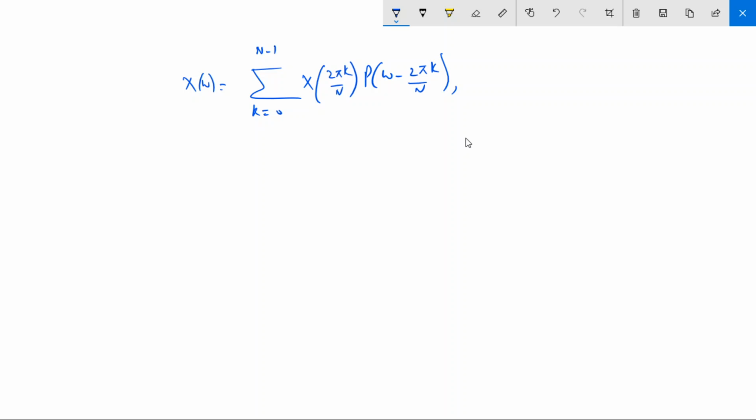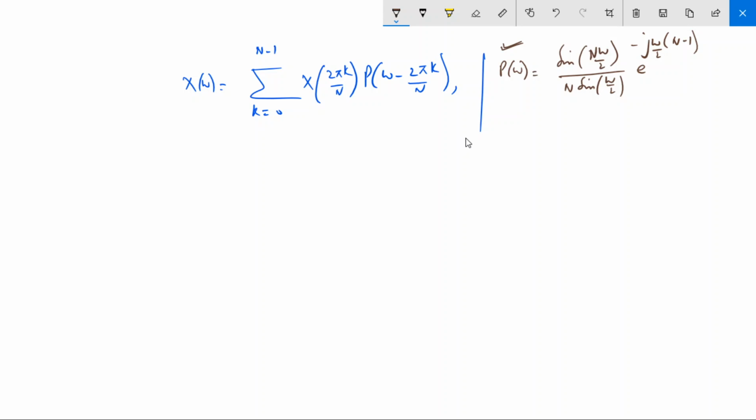Okay, and what is my P(omega)? P(omega) we have calculated, it is sine of n omega by 2 divided by n sine omega by 2, into e to the power minus j omega by 2 into n minus 1. So this is a complex quantity. It will have magnitude as well as phase plot.